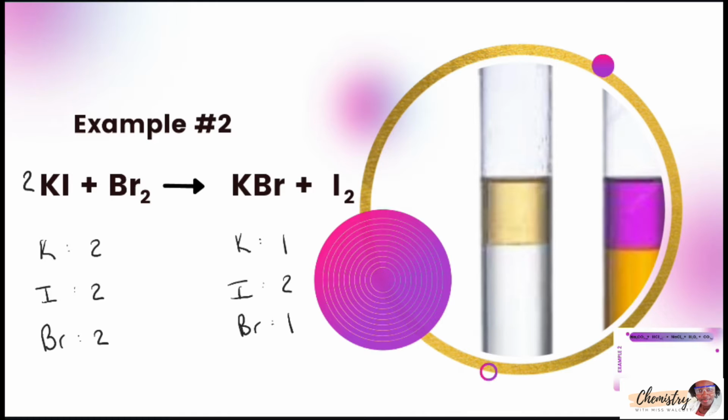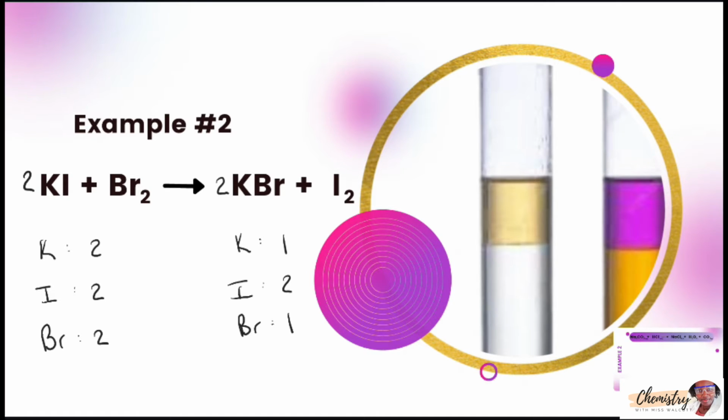This equation is still not balanced because now we have 2 potassiums on the reactant side, but only 1 on the product side. So again, we need to put a number in front of KBr so that we can balance the number of potassiums. We put a 2, which of course goes for both atoms.